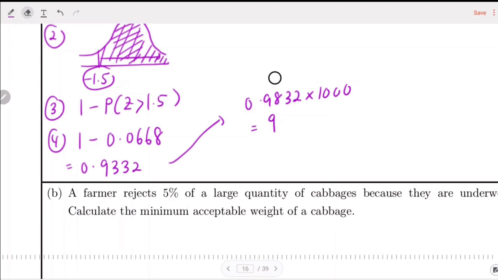So when we multiply by 1000, we're going to have 933.2, but we know that cabbage cannot be in decimals, so it's approximately 933 cabbage.